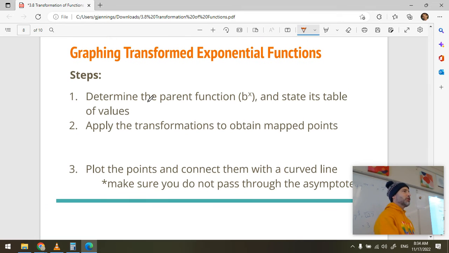So here is a method that you can use to graph transformed exponential functions. You can use the method we used yesterday, which is just feed your function x values. Feed it the values -2, -1, 0, 1, 2, see what happens. But if your d is like -2000 because it's the year or something, and you want year 2000 to be year 0, you might use a d transformation of -2000.